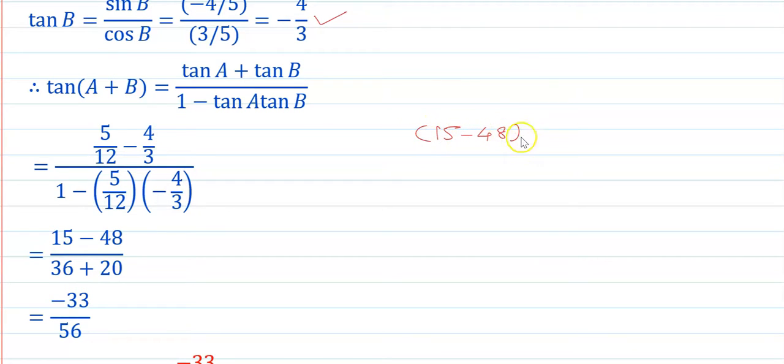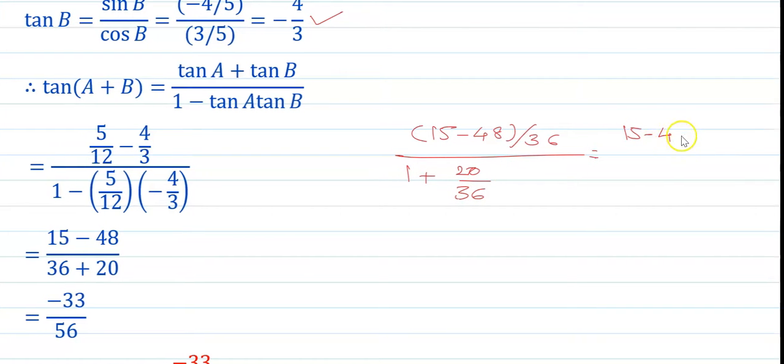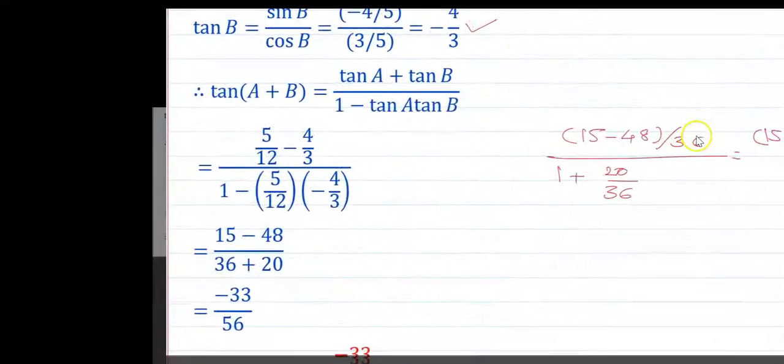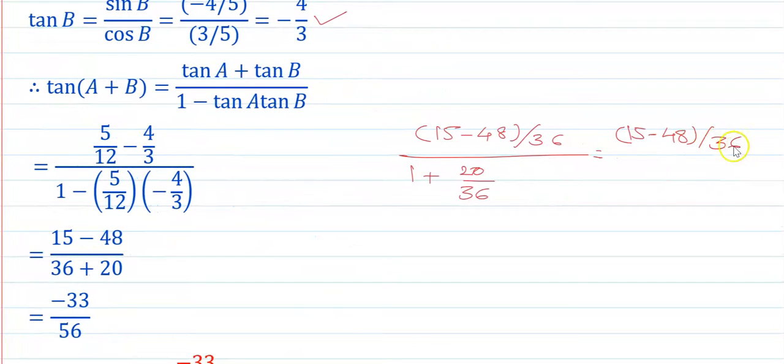So what term will come in their denominator? That is 36, and to the denominator. Next, minus minus product, what will it be? It will be plus. 5 into 4 you will get 20 upon 36. Again multiply 1 by 36. That is 15 minus 48 divided by 36.